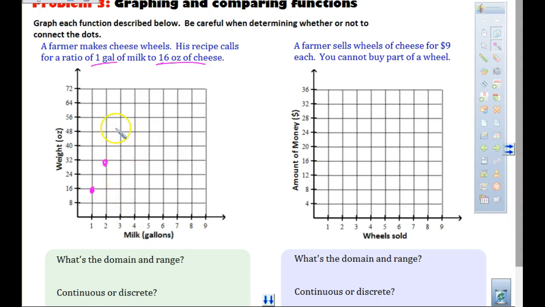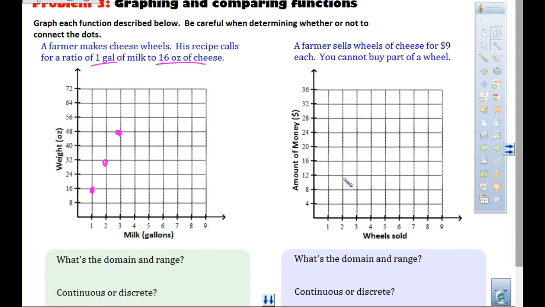At 3, we're at 48. Okay, so if we are making this, could you put in a half gallon of milk and make cheese? Yeah. Could you pour in 1.5 gallons? So should this be continuous or discrete? Continuous. It should be continuous.